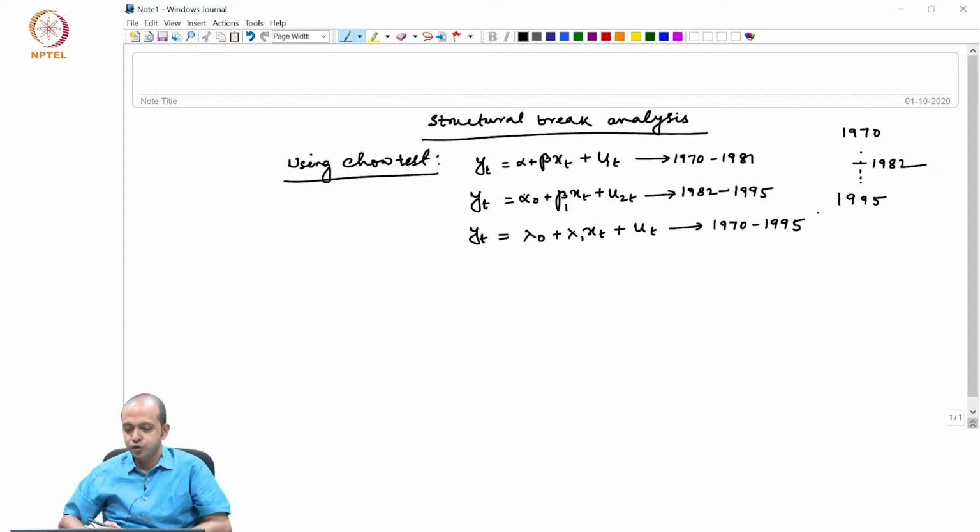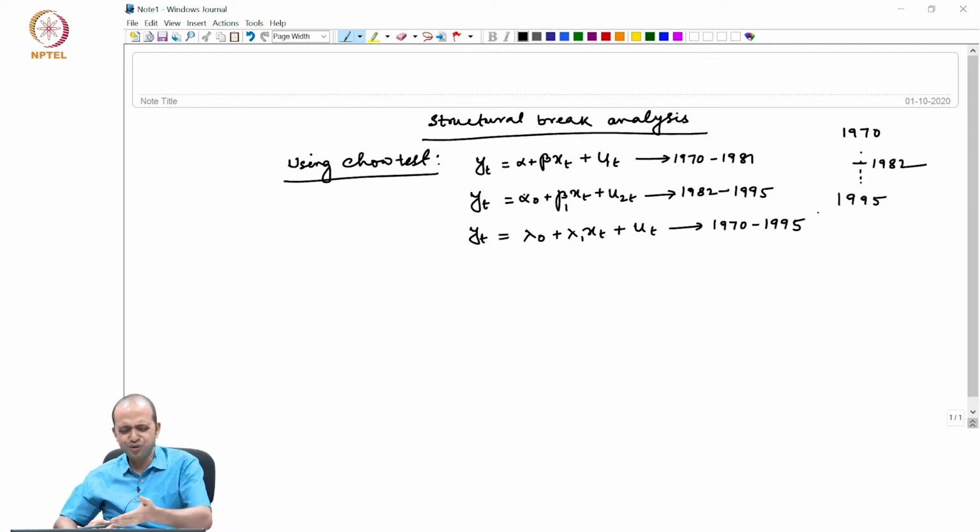So, one regression is for the pre-recession period, another for the post-recession period, and the third for the entire period, and we are checking stability, whether the parameters alpha equals alpha 0 equals lambda 0, or beta equals beta 1 equals lambda 1. That is what we are testing.